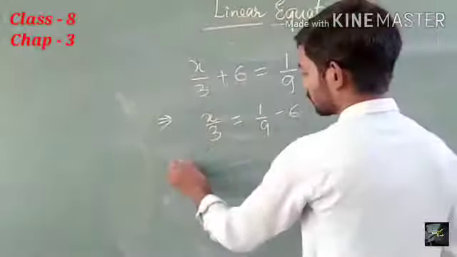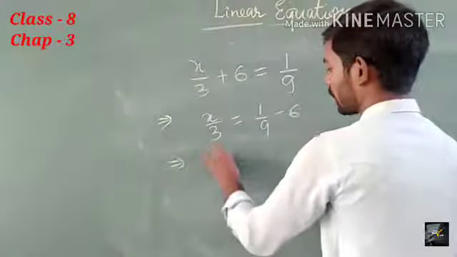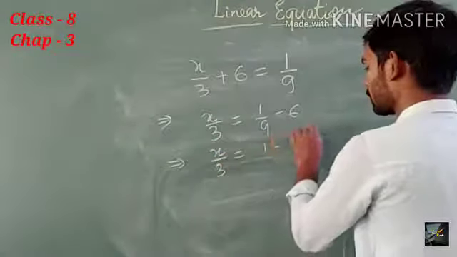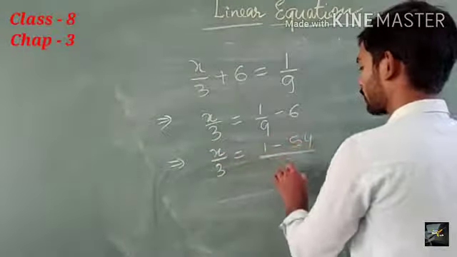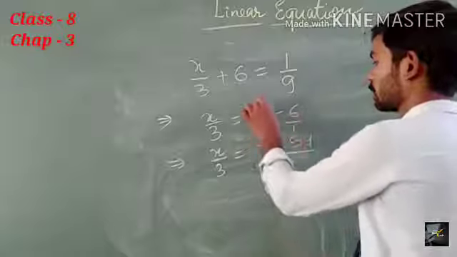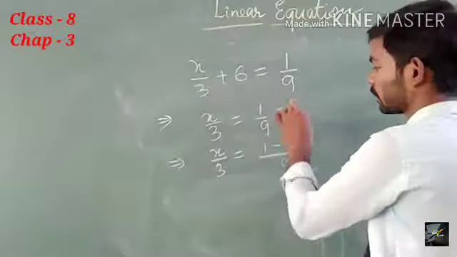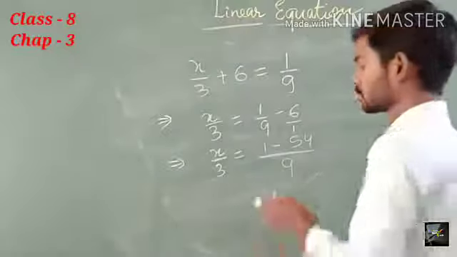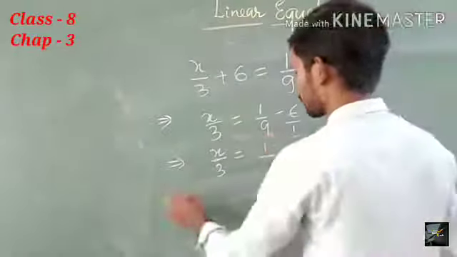Now let's solve it. So we get x upon 3 is equal to 1 minus 54 upon 9, since 1 upon 9 minus 6 upon 1 are two fractions that are to be subtracted.